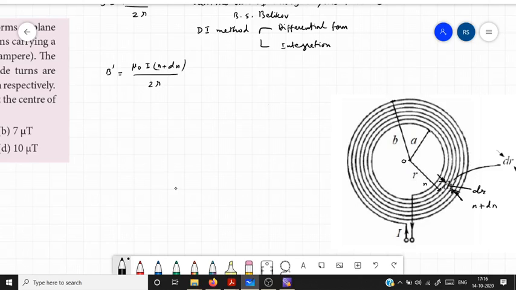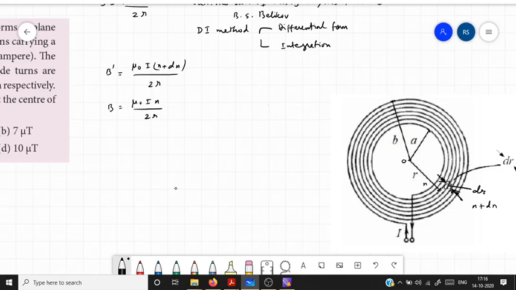And of course, I can also write B as mu naught I n divided by 2r. Here I am assuming that in that very small distance of dr, r is a constant.